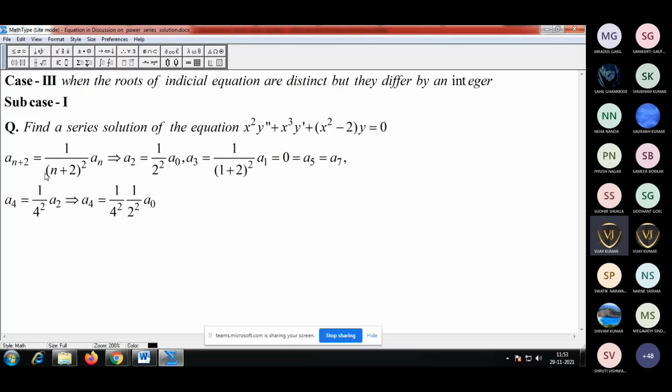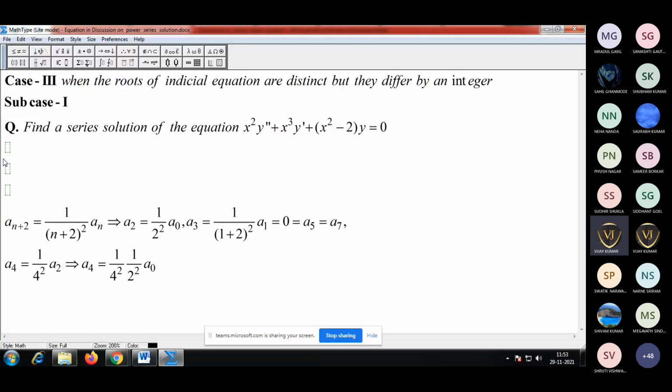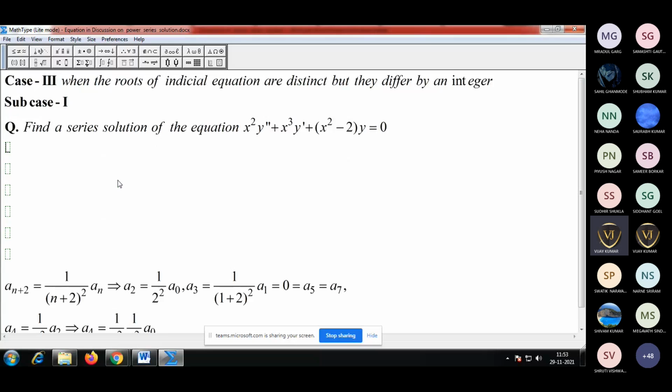So you all know that again in this case I'm not going to write each and everything here again. Directly you may see the screen.